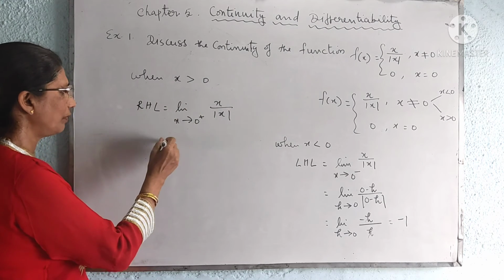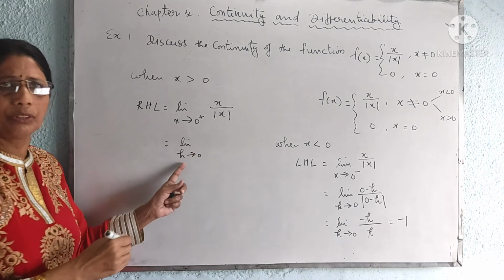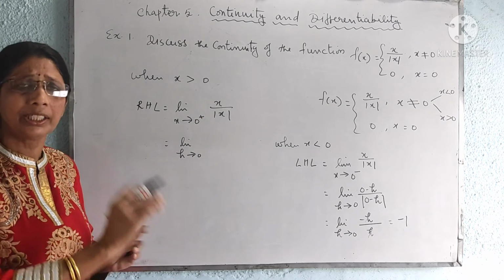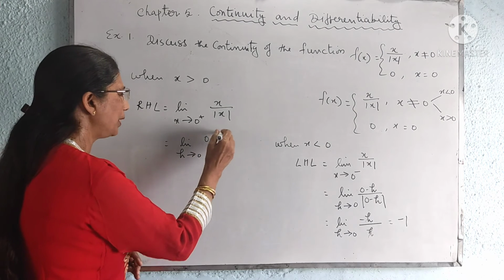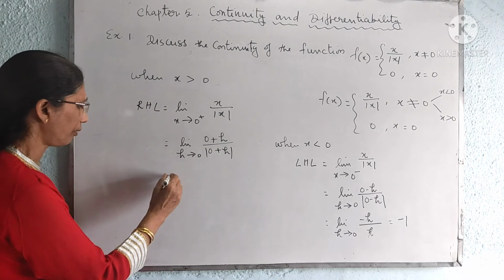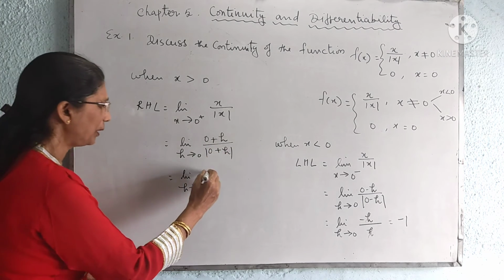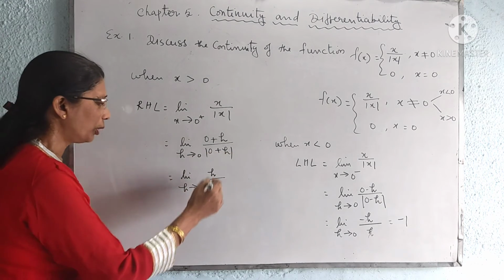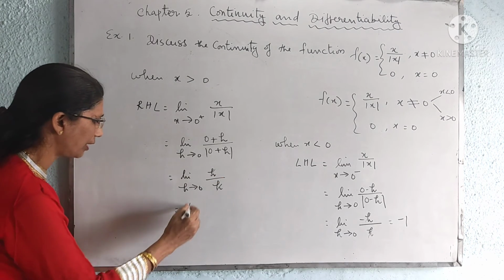Here 0 plus means something we are adding, it is the right hand limit. Then we apply 0 plus h upon mod 0 plus h, limit h tends to 0. 0 plus h is h, and mod h is positive h. That means h and h cancel, and we get the answer 1.